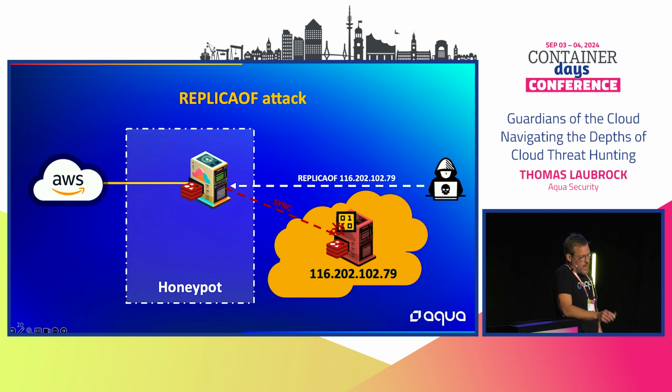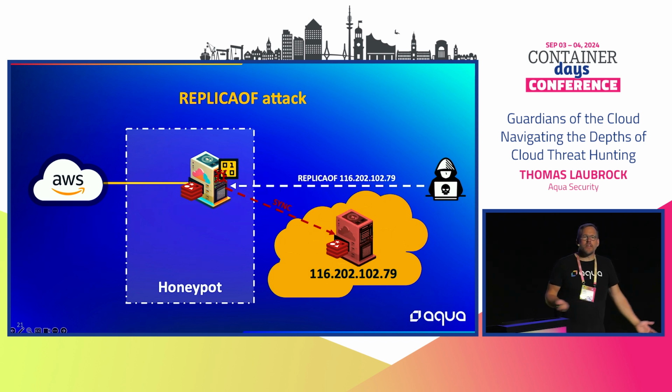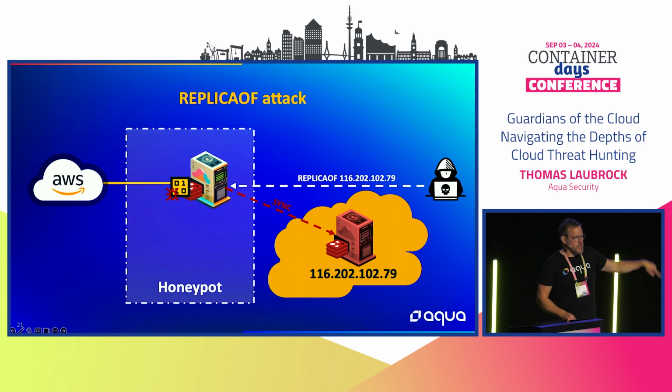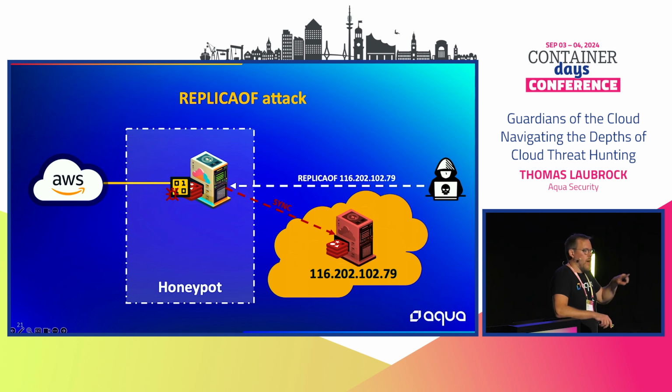But then, if the sync is established, they load their malware into their replica, and this will transfer the malware into your Redis, right? So they can inject this, and it is really hard to detect because this is typically not written to disk. It is in memory because it was made through the sync process, so very hard to detect. And you can do anything with the permissions of the Redis server in this case.